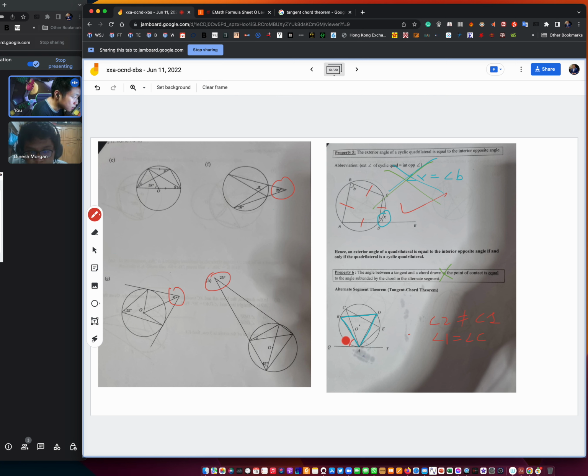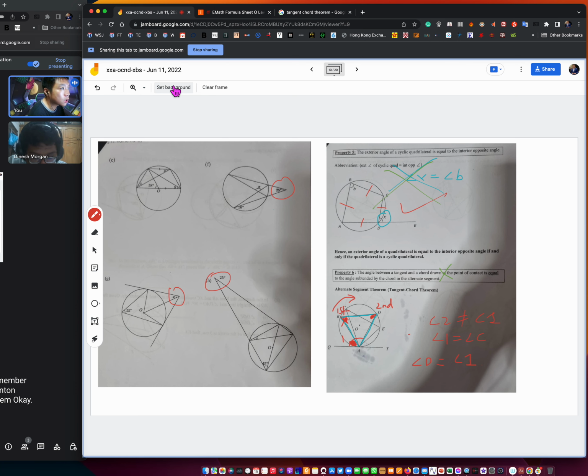This is angle 1, and we know this angle 2 is definitely not equal already, so the first angle is definitely not equal also. So it has to be the second angle because clockwise, this is the first, this is the second. So angle D equals angle 1 in this case. Does it make sense? Good. So that's how you remember this, called tangent chord theorem.